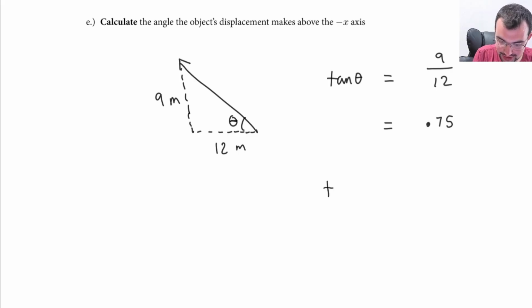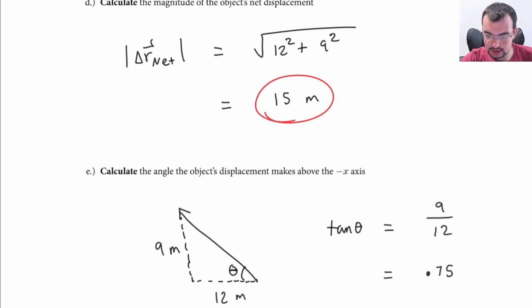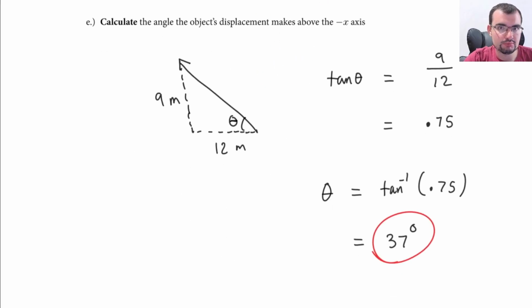So we actually get that same answer as before. Theta equals arctan of 0.75, which is roughly 37. And I know that because this is the 3, 4, 5 angle. So it shows up a lot. So not a lot of physics going on right now, but a lot of just plug and chug math and lots of 3, 4, 5 triangles.